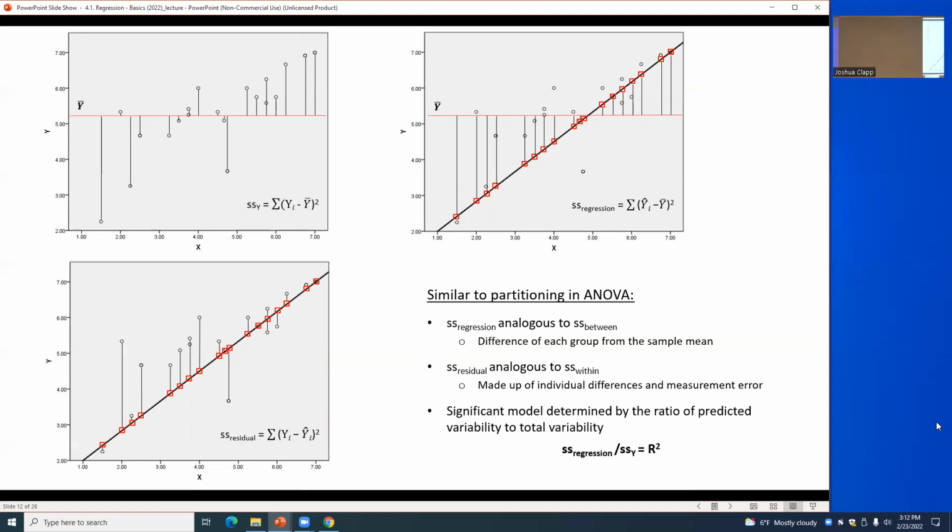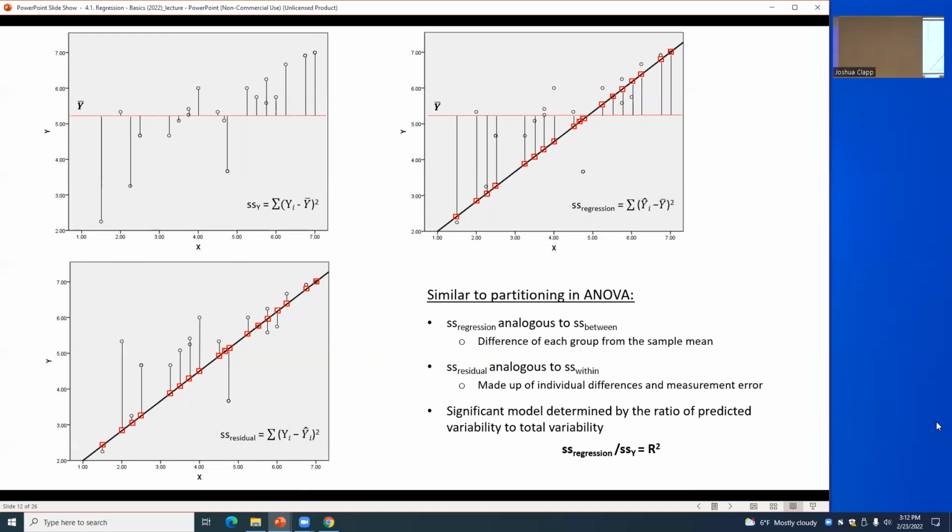Our sum of squares regression is analogous to our sum of squares between in ANOVA. Remember, in our ANOVA model, sum of squares between was the extent to which my group mean was different from my grand mean.